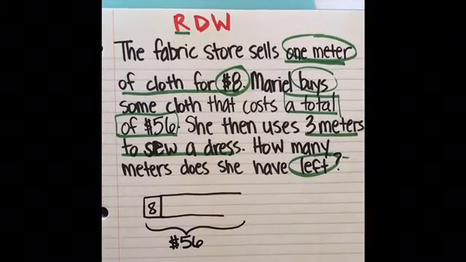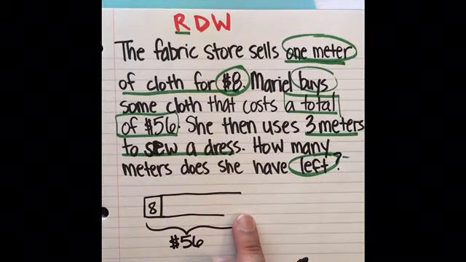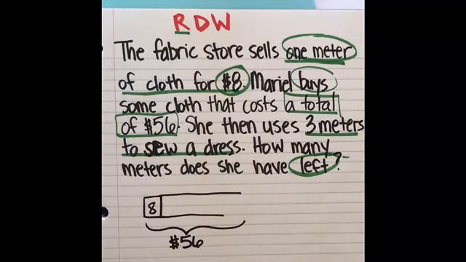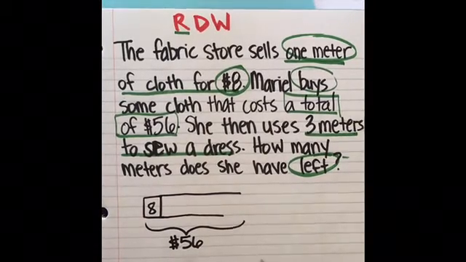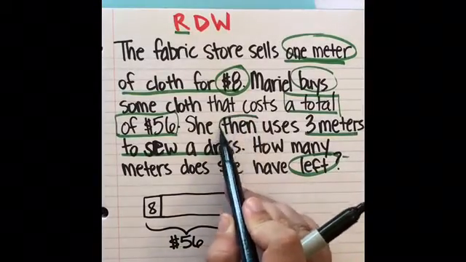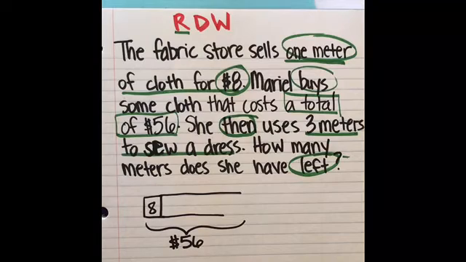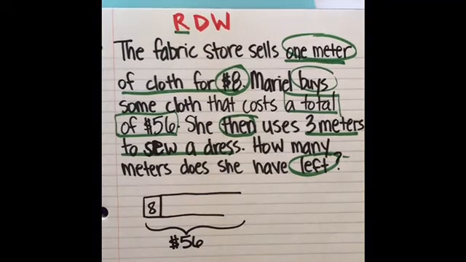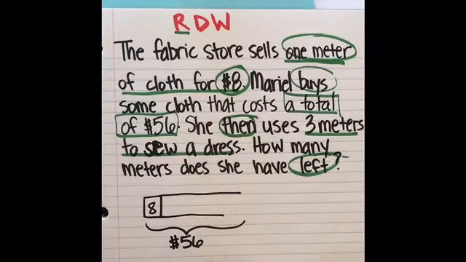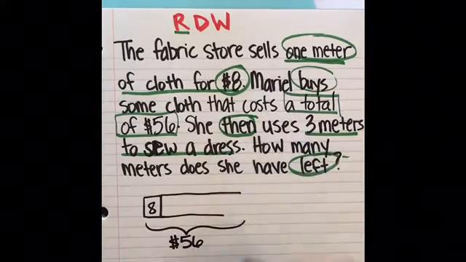What I don't know is how many meters of cloth she bought at the store in the beginning. Did you guys figure that out? Something in my reading that I missed the first time was this word then. That means there are two different things going on that I need to figure out to find the final answer. So it signals a two-step word problem. One thing happens, then another.